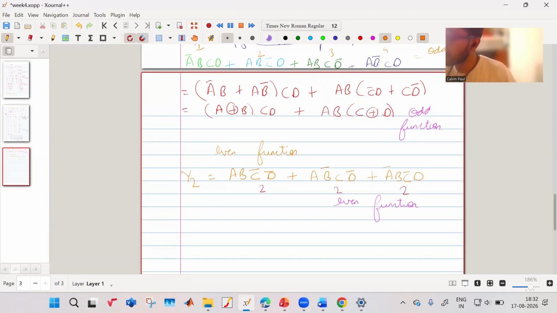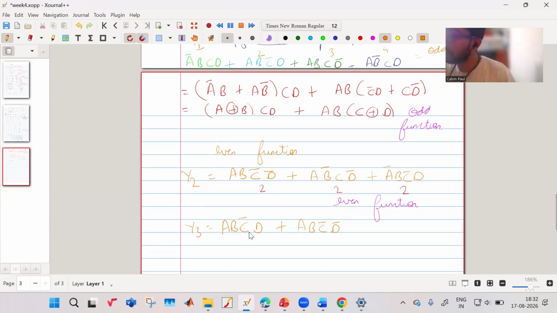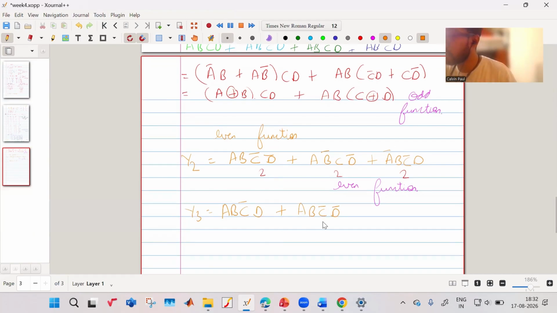Now, assume you have a third case. What do you have? You have A, B, C bar, D plus A, B, C bar, D bar. Will this be an odd function or an even function?